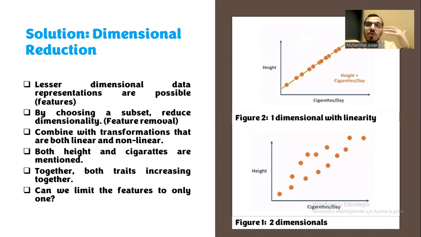Because when we increase the number of dimensions, feature performance is decreasing. The solution can be that we combine transformations that are both linear and non-linear. In figure 2, we reduce the dimension from 2 to 1 with linearity.